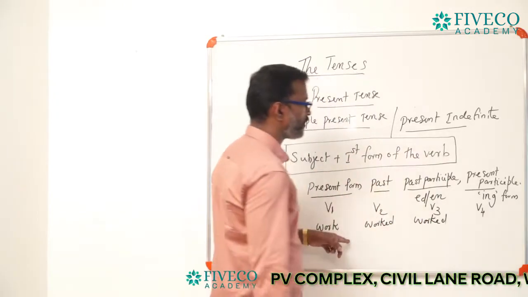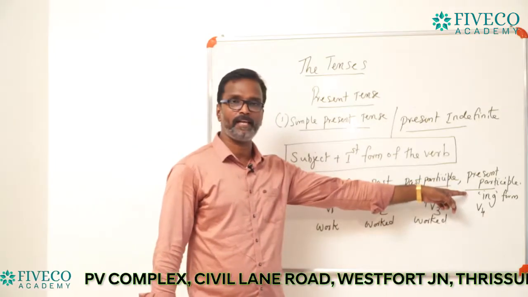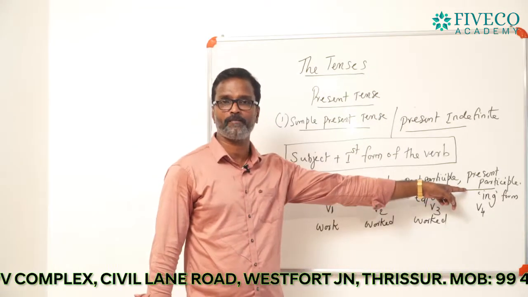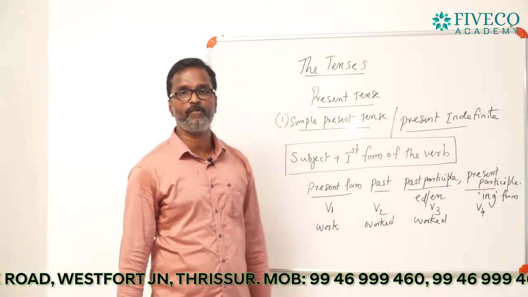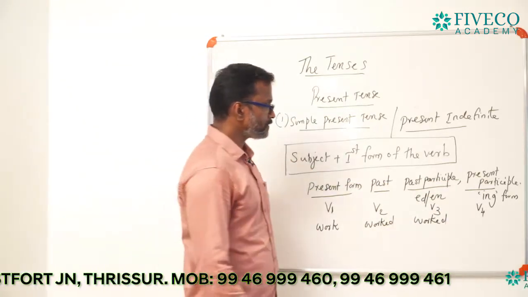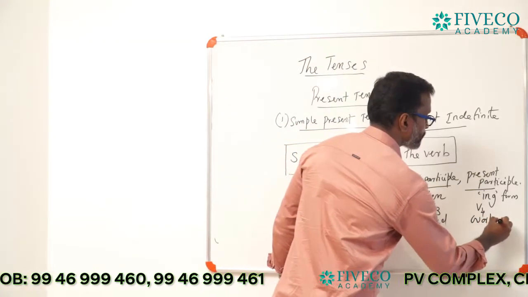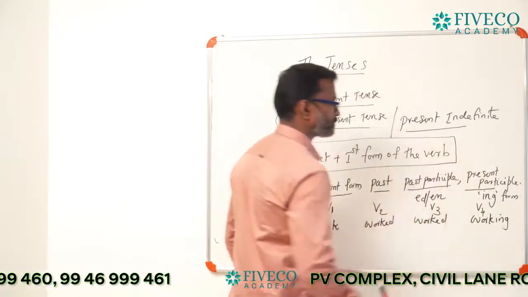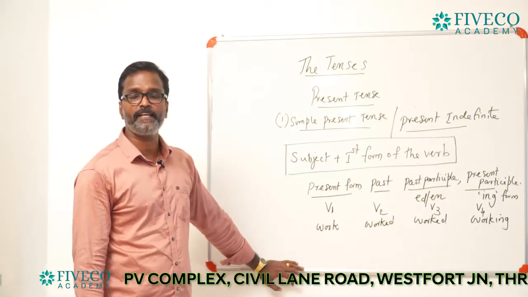The third form of work is worked. And present participle, the last one, the fourth step of the verb. Present participle, that is ing form of the verb. That is, work becomes working. You know, why do we use ing form of the verb in our English?